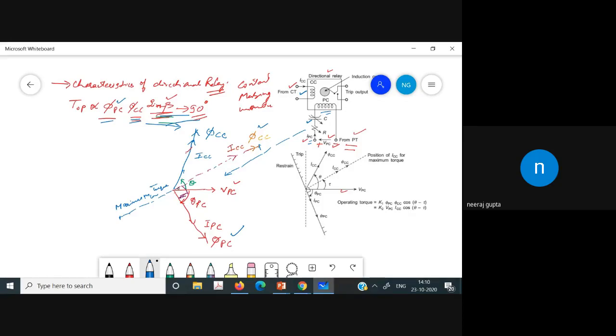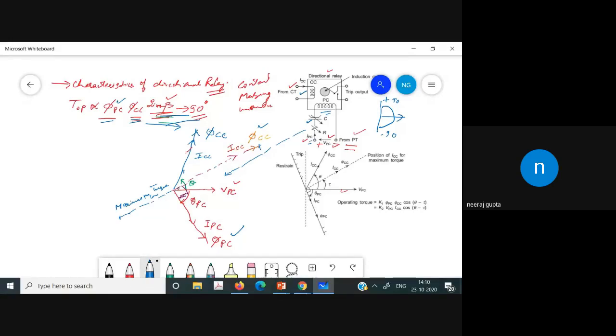Now, one more point that we have discussed is that power is positive if the angle between the voltage and the current lies in the range from plus 90 to minus 90.